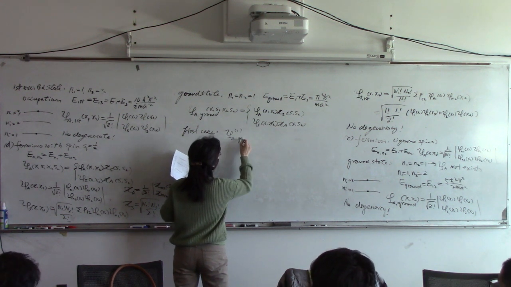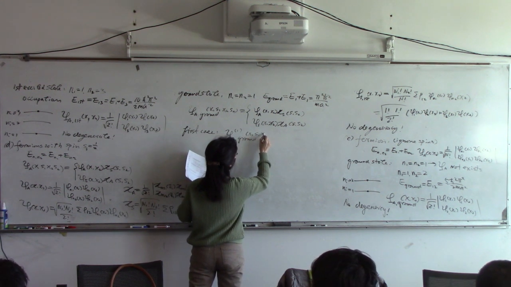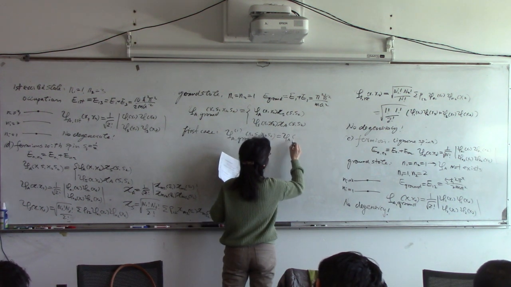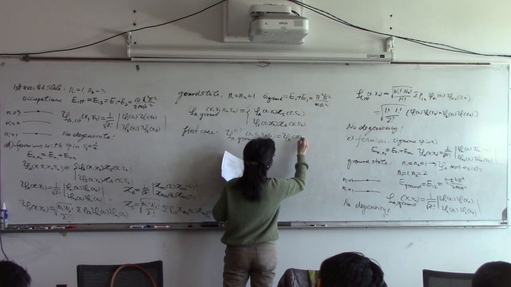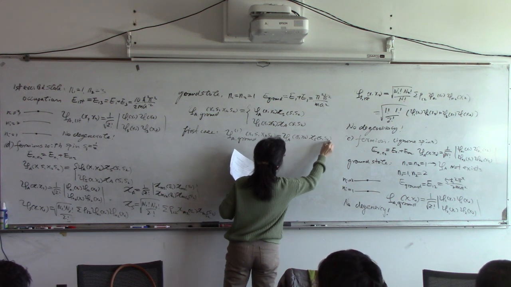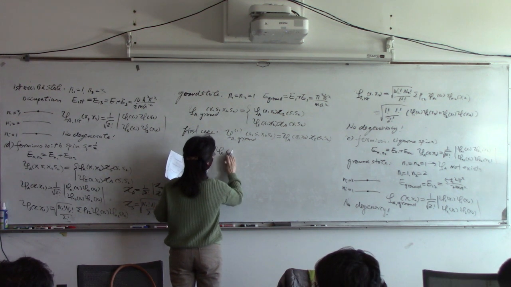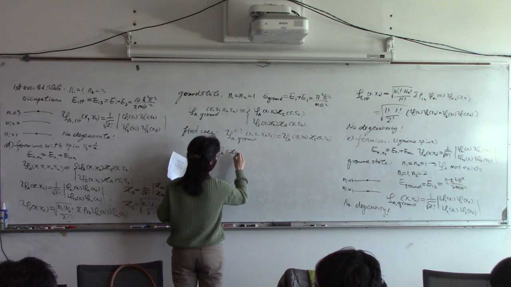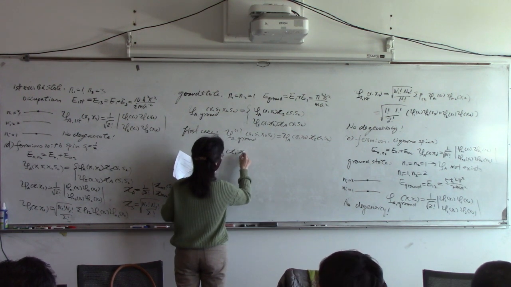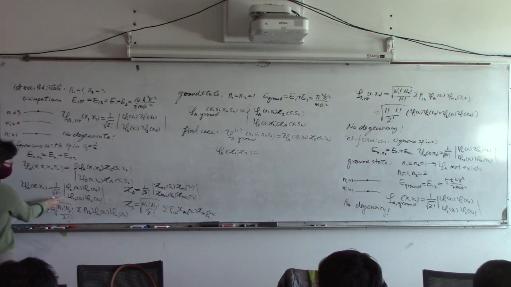Here, psi(x1, s1; x2, s2) is equal to... for the ground states, is this formula, right?